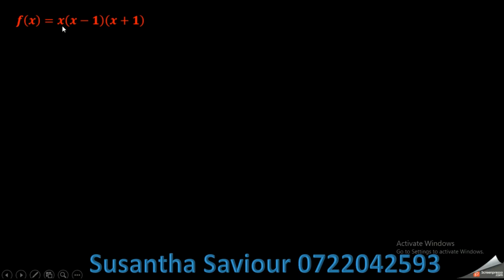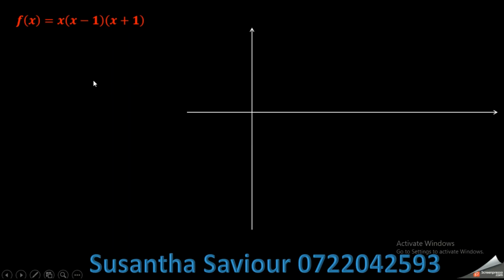When x equals 1, y equals 0. When x equals minus 1 also, y equals 0. This is a beautiful cubic curve. We'll first sketch it and see. It's like this.